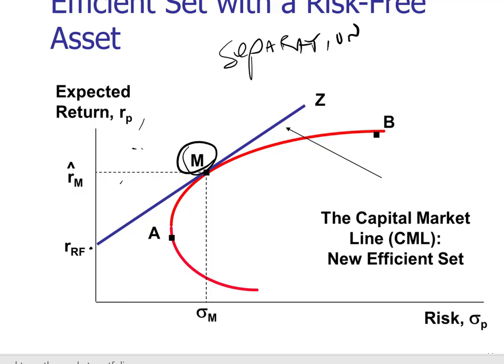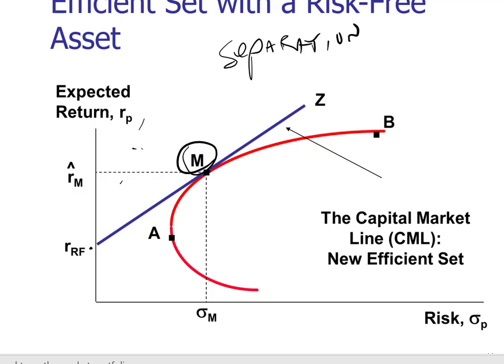So everybody wants to buy M, but not everybody has that risk level. So when you now have the combination between that asset and risk-free, how do you choose your portfolio?